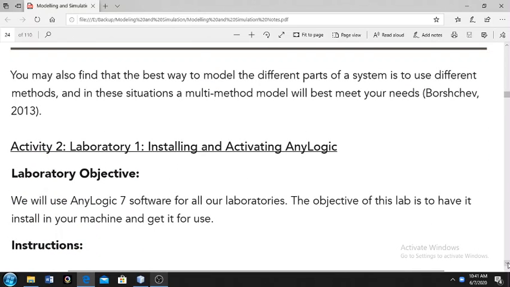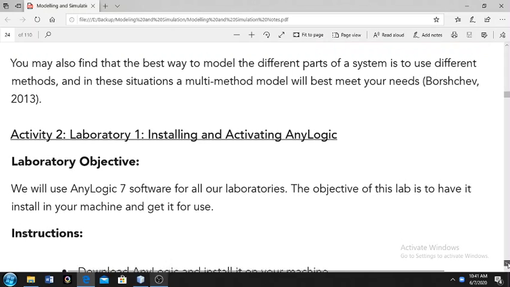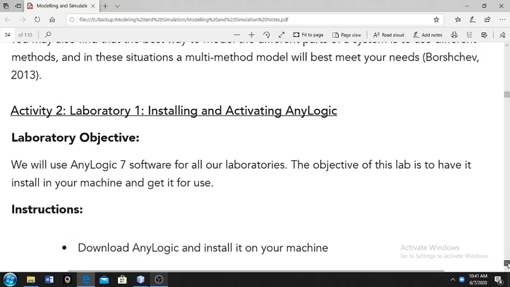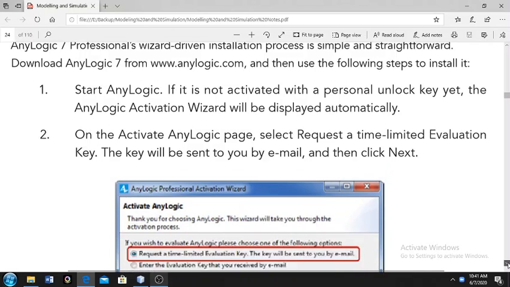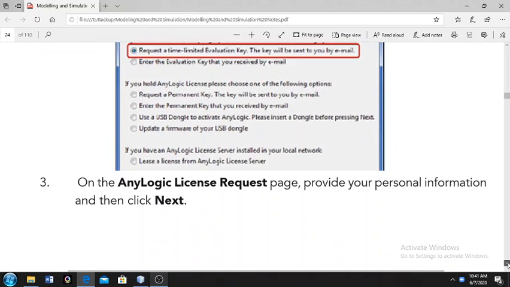Now the lab one is installing. You have to install AnyLogic and perform these steps.